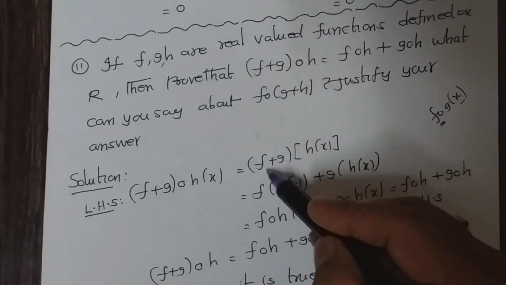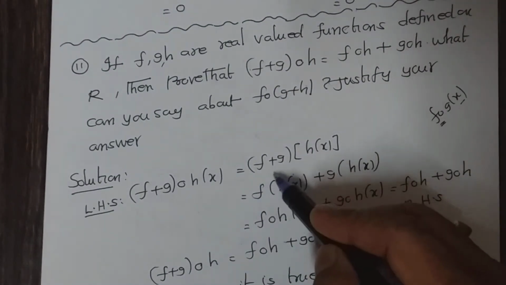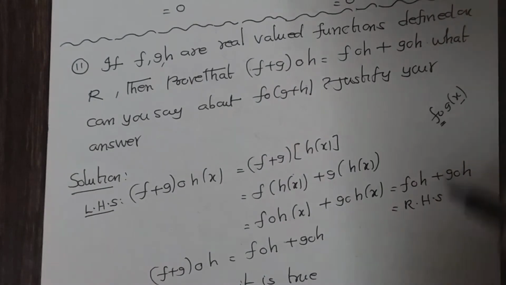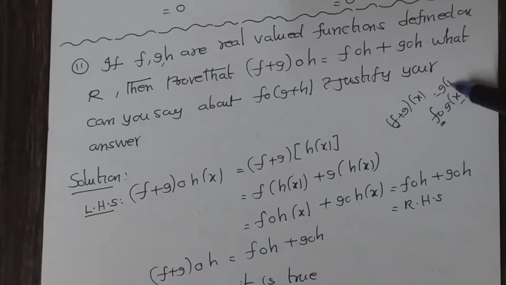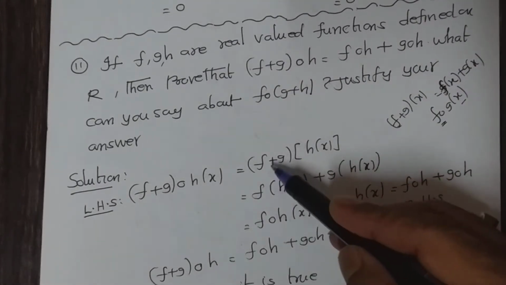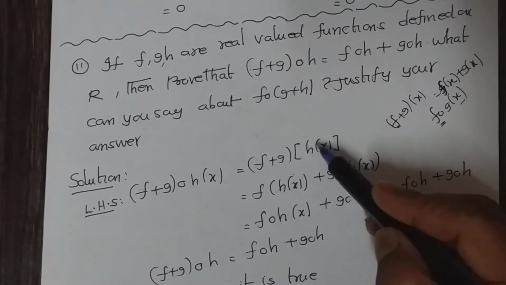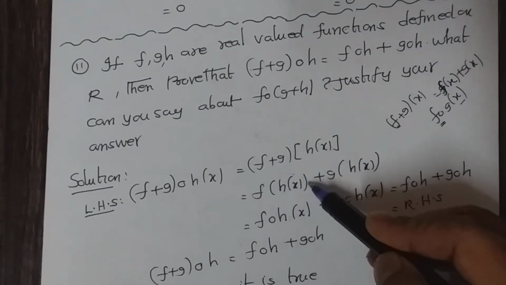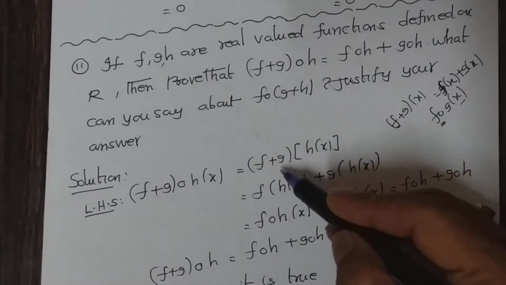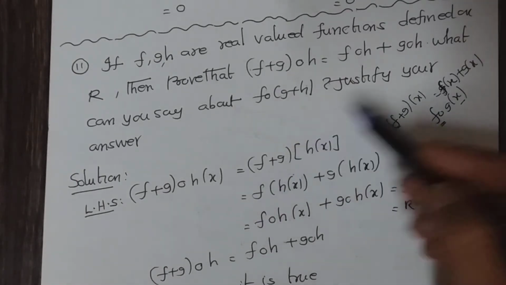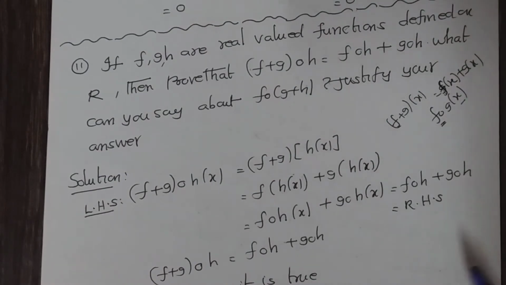Now this is like addition of two functions, algebra of functions. See, algebra of functions is one small thing I have to tell. (f plus g) of x means f of x plus g of x. Simple addition. So similarly here, f of h of x plus g of h of x.